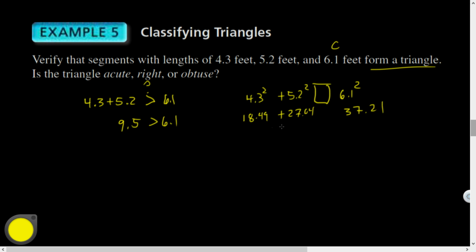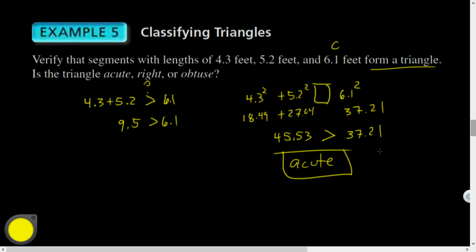This adds up to be 45.53, which is bigger than 37.21. This was my c side, so that means my hypothetical hypotenuse squared was smaller than the sum of the squares of the other sides. So what type of triangle must this have been? Acute. Okay? All right. Well, thanks for watching, Internet friends. Have a great day.